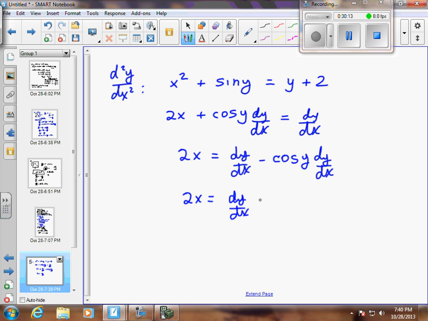What does that leave me with? 1 minus cosine y. Therefore, dy dx is 2x divided by the quantity 1 minus cosine y.